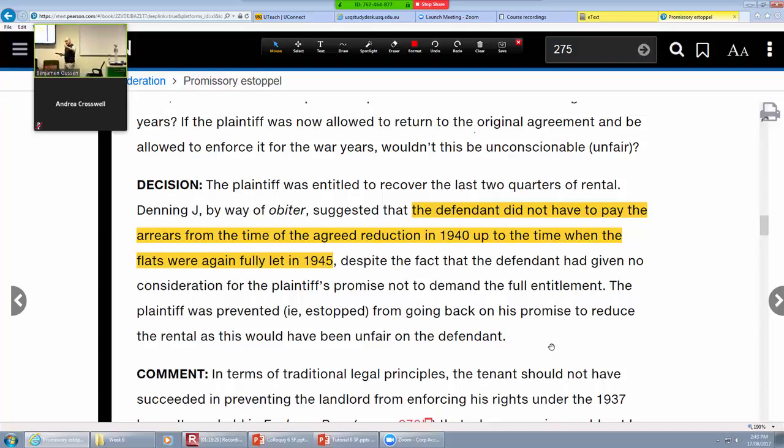So as long as that risk is there, people know that there's a war, the flats are vacant, people don't want to use them, you don't have to pay the arrears. But from the time that the flats went back to normal, the war is finished, people are going back, you have full capacity, you have to go back and pay the 2,500. Correct.